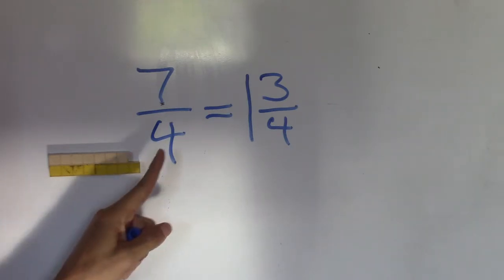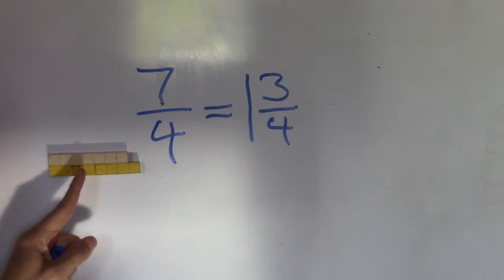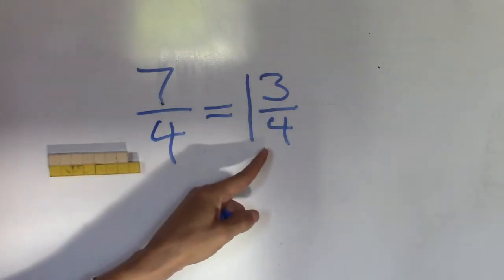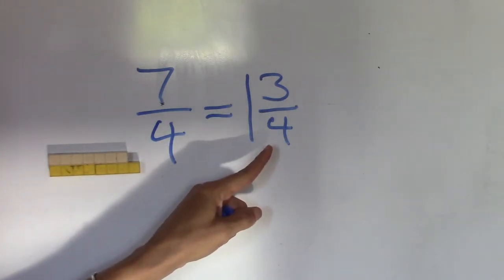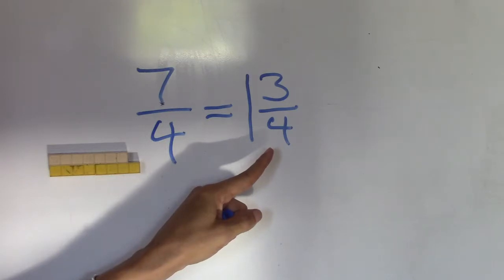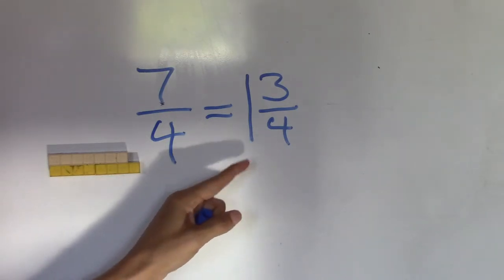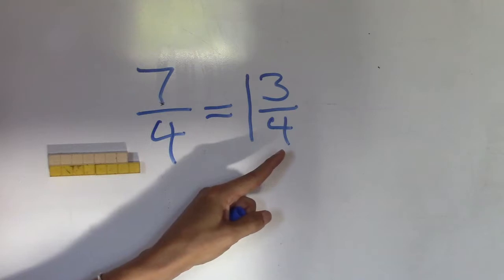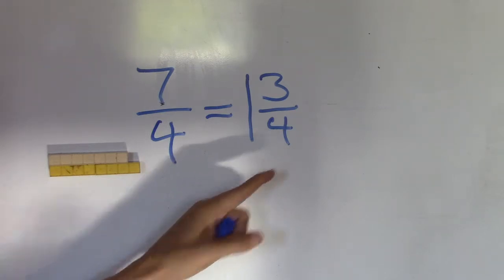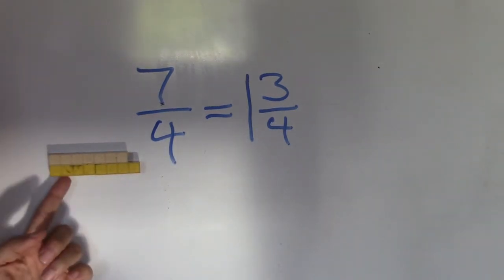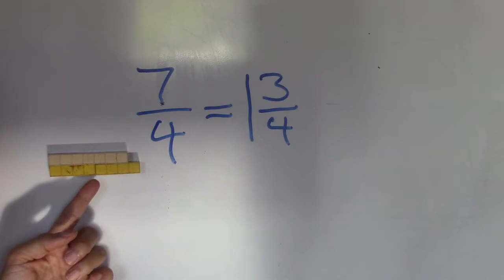So 1 and 3/4 of 1. Does that make sense? Sort of. Either it does or it doesn't. Does it? Sort of. Okay, because every time I count 4, I get where the 1 comes from. Where's the 3 come from?